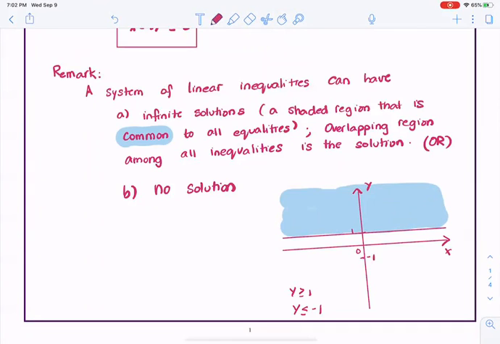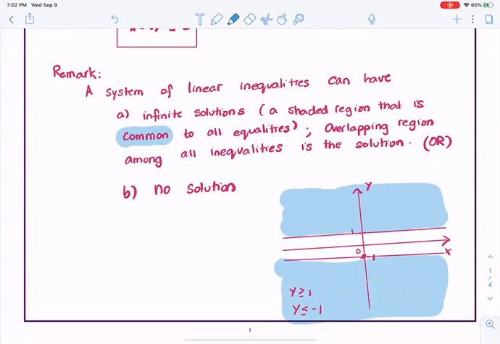It's negative 1, and it's a line that passes through negative 1. But in this case, the inequality is less than or equal to negative 1. So the shaded region would be all of that.